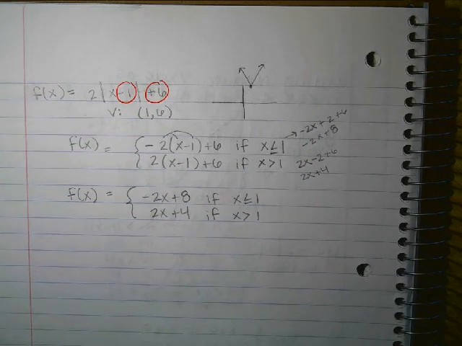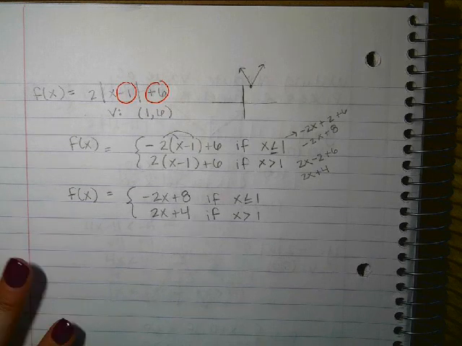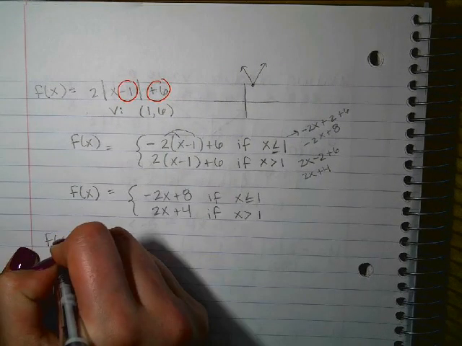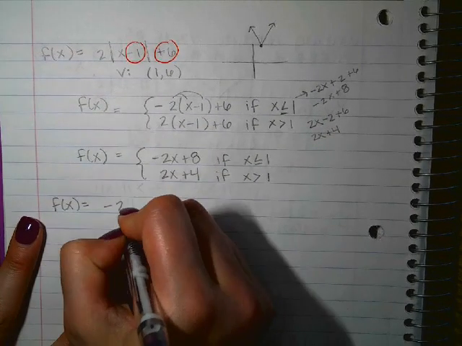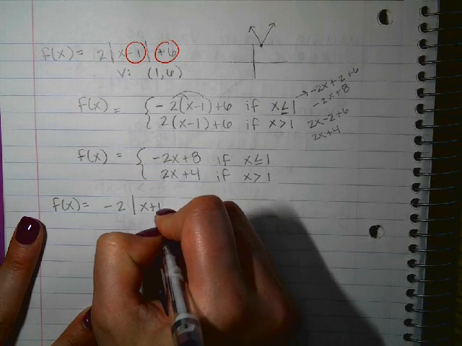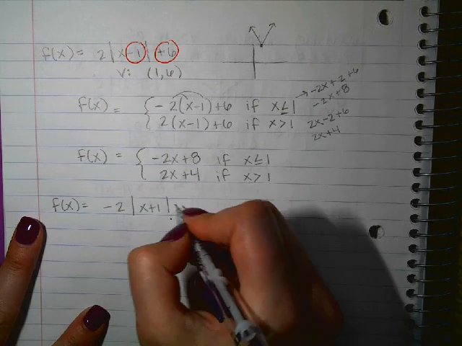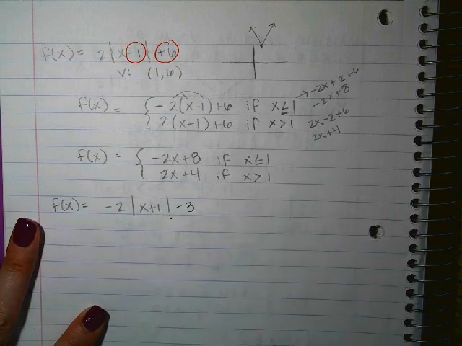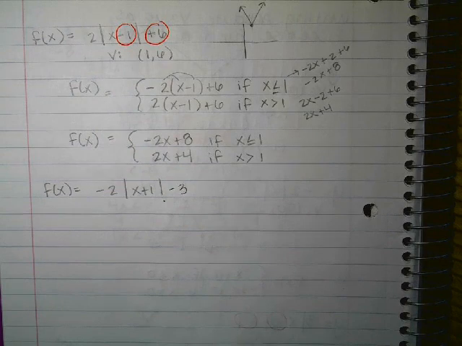Okay. Did that one feel a little easier that time? Much easier? Okay. Now, I'm going to show you one with a negative in the front because it makes it a little funky. So this time we're going to do f of x, and we're going to put a negative 2 in the front. Okay. So what's the vertex?